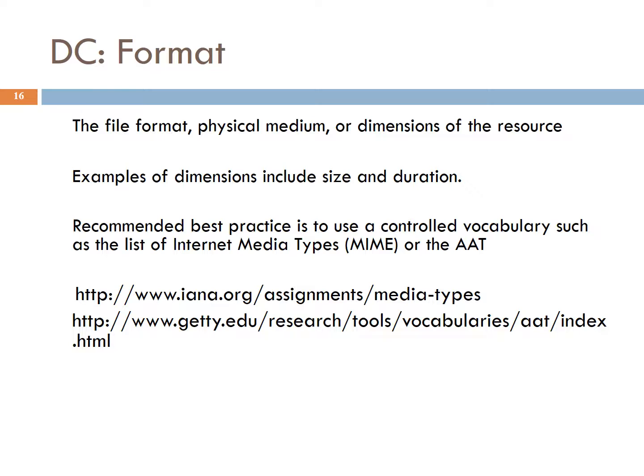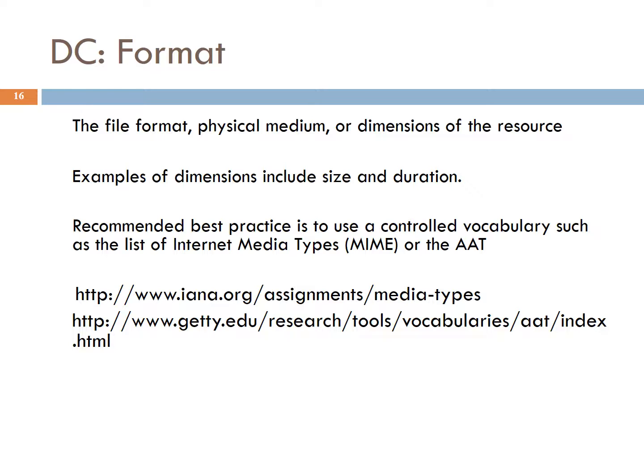Okay, so now in contrast to type of resource, which we just discussed, which usually indicates the kind of generic characteristics of the intellectual content of a resource, most of the schemas out there also include one or more elements for recording more specific format characteristics, such as the specific physical material, the medium of which the resource is made. There may be specific physical size or dimensions or measurements.